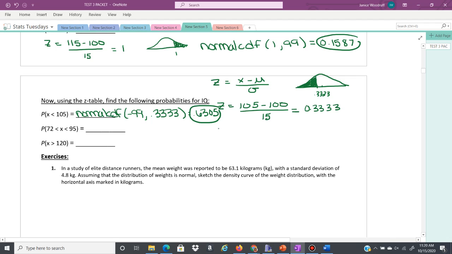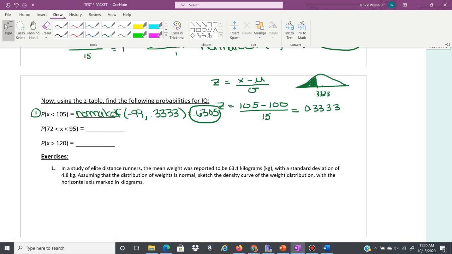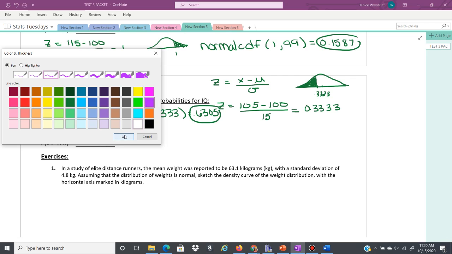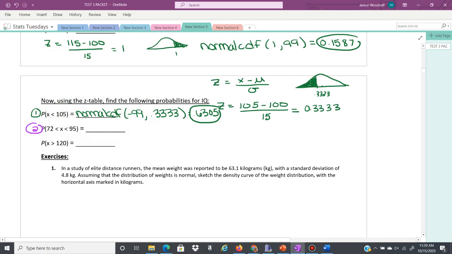Okay, then we're going to do the same thing for number 2. You want the probability that the IQ is between 72 and 95 for a randomly selected person. So we want to standardize each of these scores. So find the z-score for 72. So 72 minus 100 over 15.